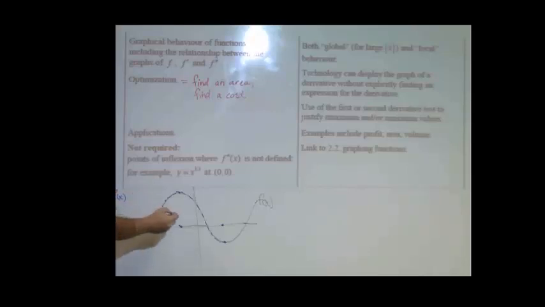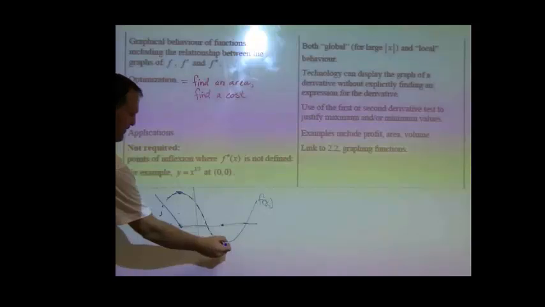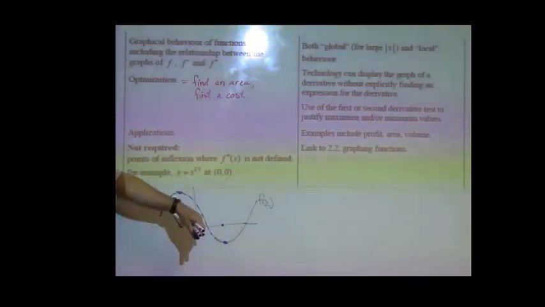From here over, this is positive slope. So I need, oh no, I'm back in green. Sorry, bad call. I want this all to be blue. It's positive. Now, from this point down to the minimum, the graph is going negative.